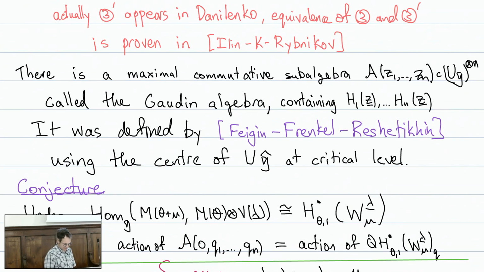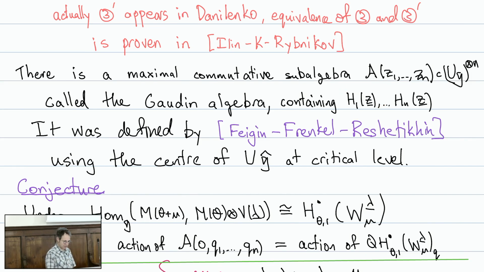Maybe we'll get back to this a little later, but there are those Gaudin Hamiltonians, and they can be embedded in a much larger commutative algebra called the Gaudin algebra, depending on the same parameter z. Remember those funny linear combinations inserting the Casimirs.